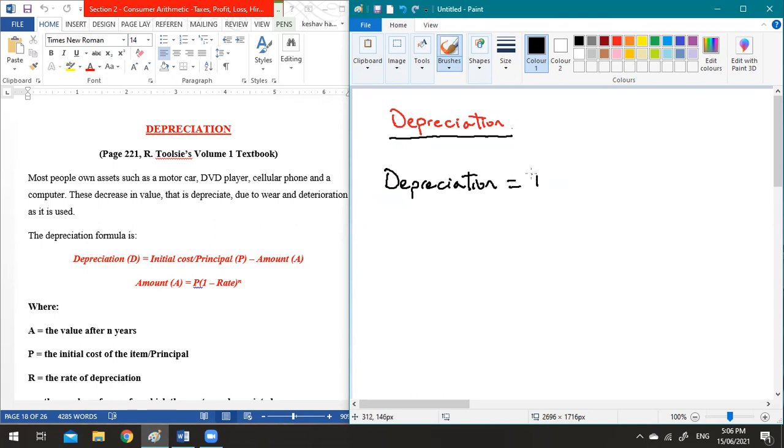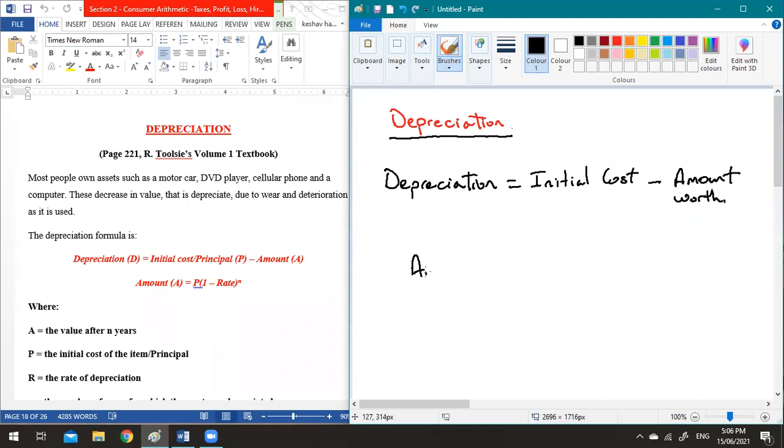So the depreciation is equal to the initial cost of the item or object, or the principal cost, minus the amount that it is worth, right? At the time of selling or whatever, right?